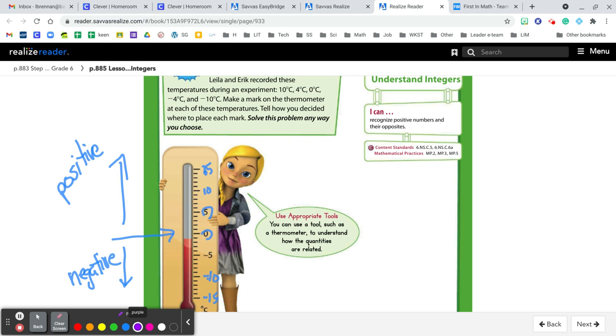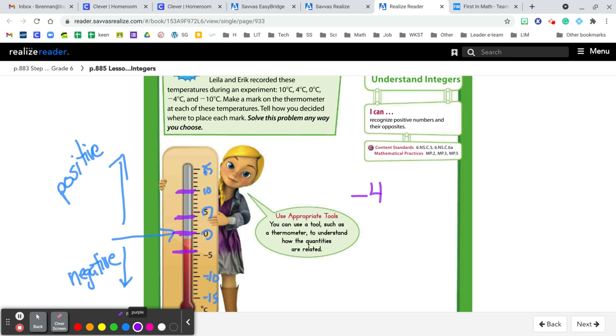10 degrees Celsius, here's our 10 degrees Celsius. 4 degrees Celsius, right under the 5. 0 degrees Celsius, right at the 0. Negative 4 is 4 away from 0. Negative 4 is actually larger than negative 5, and that is a shift for some kids.